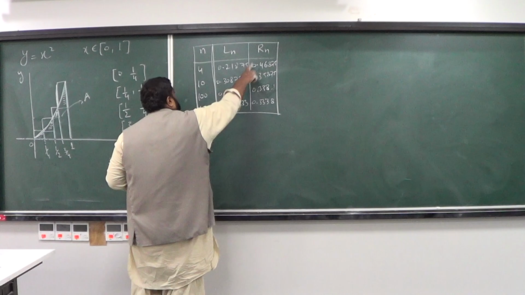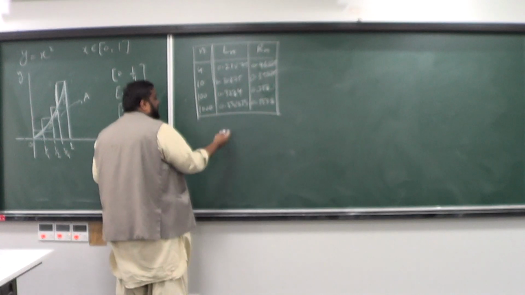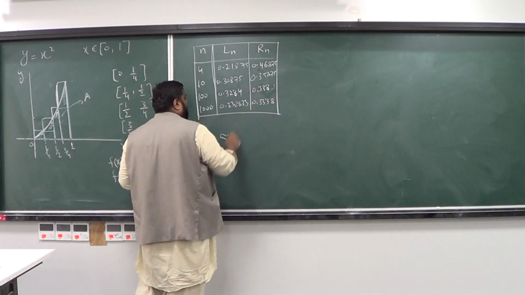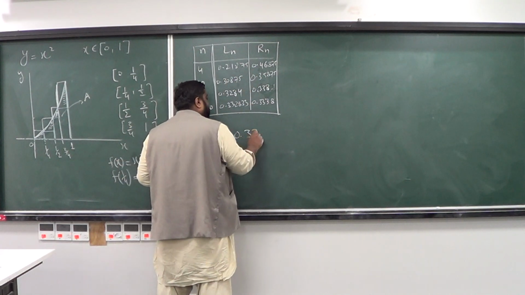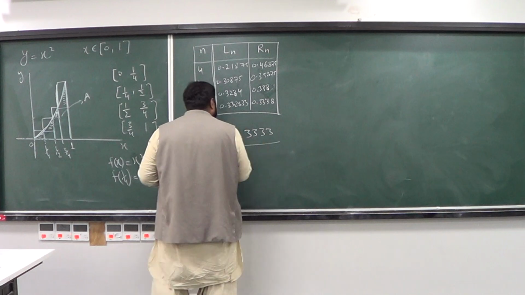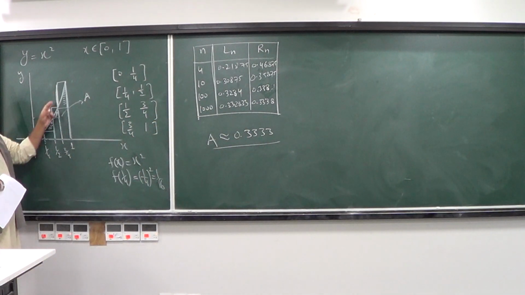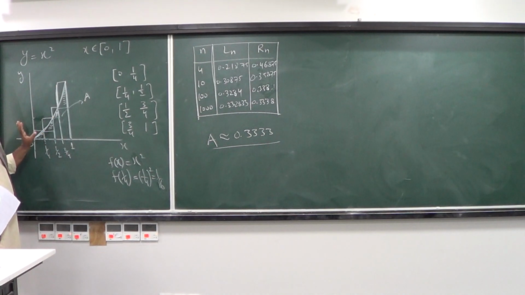So if you average all these values, you're going to see that the average of all of these values is really approximately 0.333. So you now have a good idea that this is really the 0.333 area. Okay, 0.333.